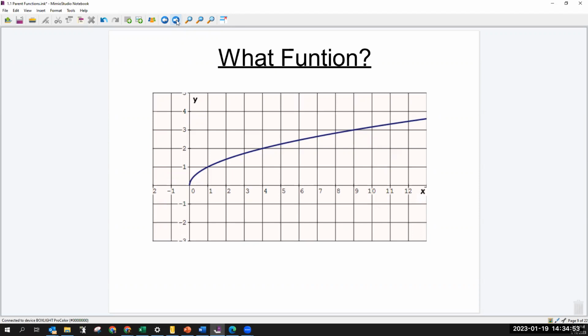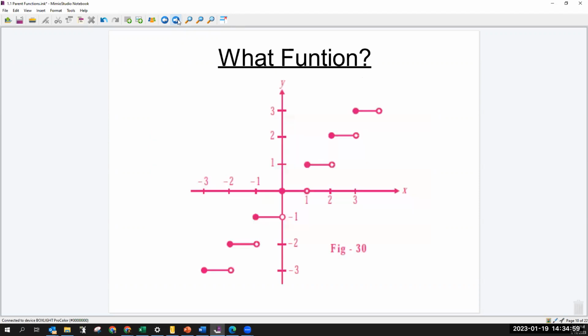All right, this one was a square root, and it was f of x equals the square root of x. All right, pause the video, try this one. All right, so this one, I said I was going to talk about it later. Oh, we got to it. So this one is the greatest integer.